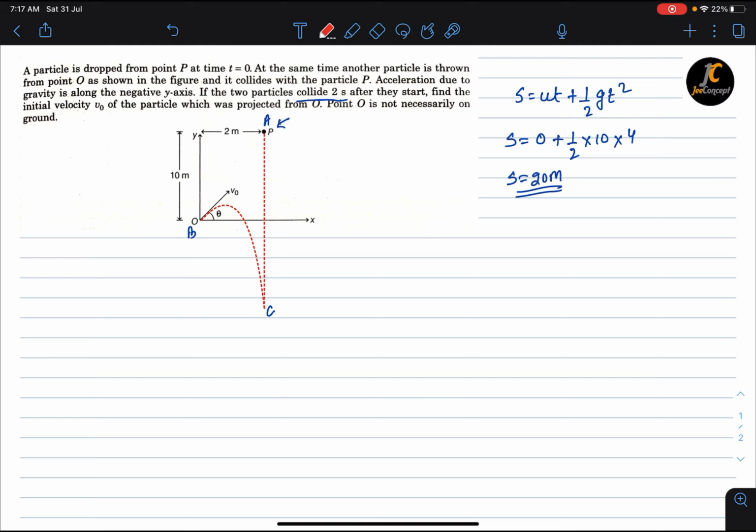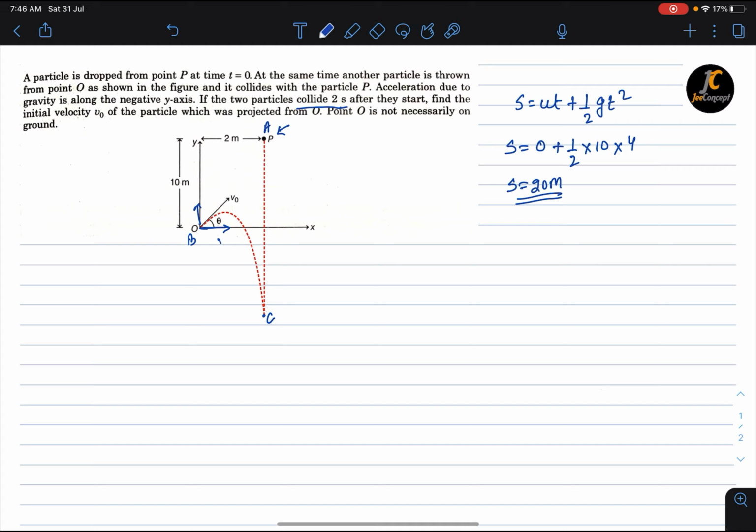So we know that particle B has two velocities. One is in the x-axis direction and the other one is in the y direction. Let's say the horizontal velocity is Vx and the vertical velocity is Vy. Now the 2 meter distance, which is the horizontal distance, will be covered by the Vx velocity, and the distance of 10 meter from the position B will be covered by the Vy component of the velocity.